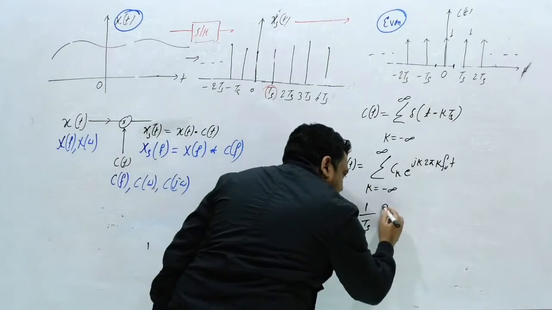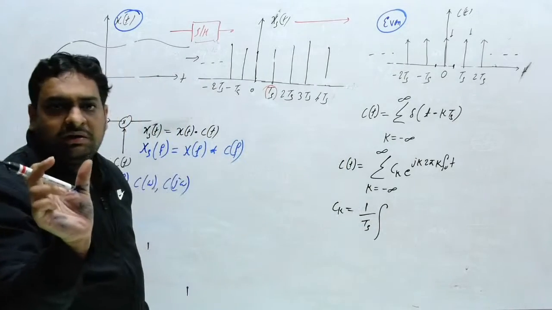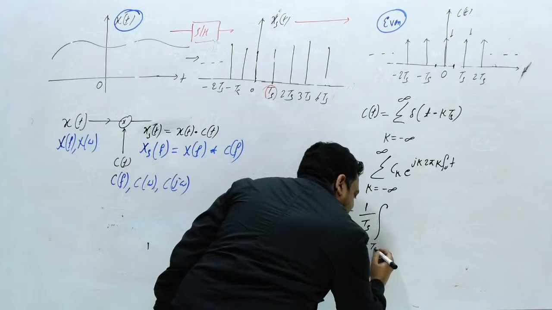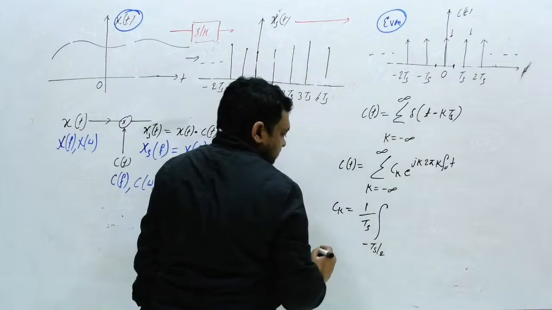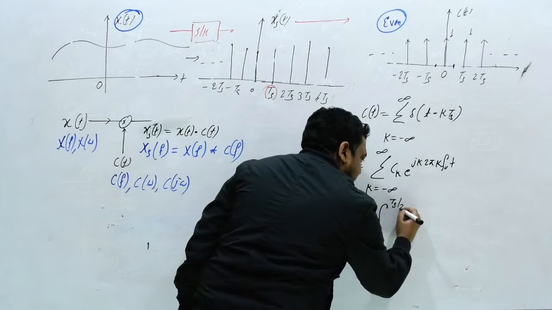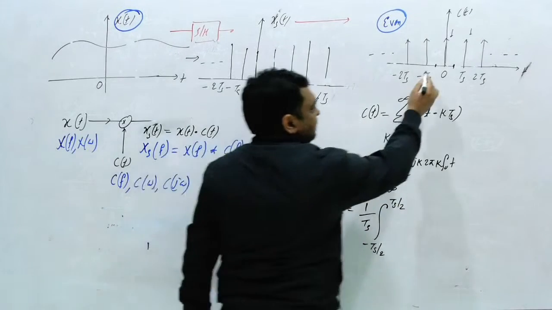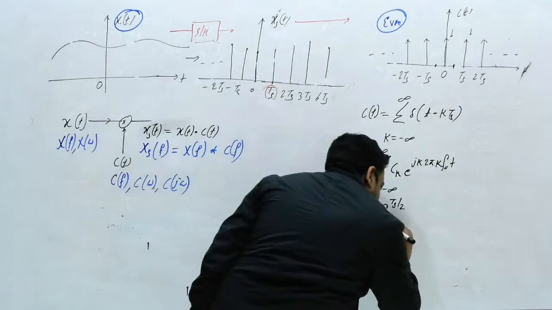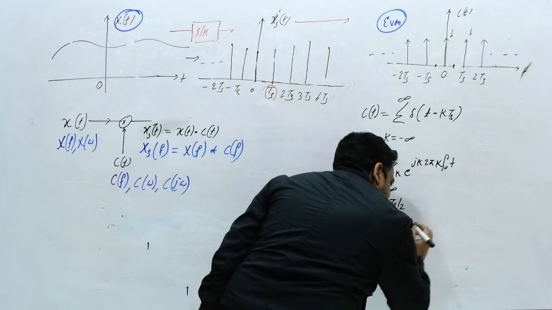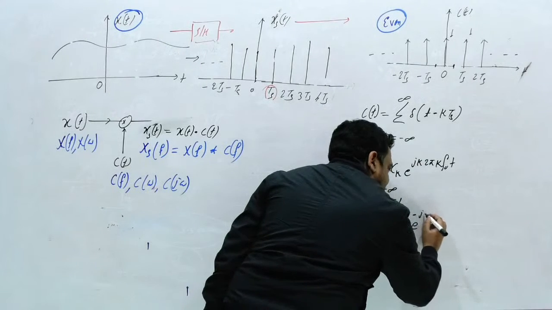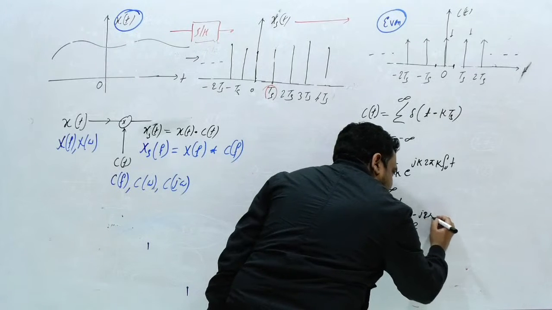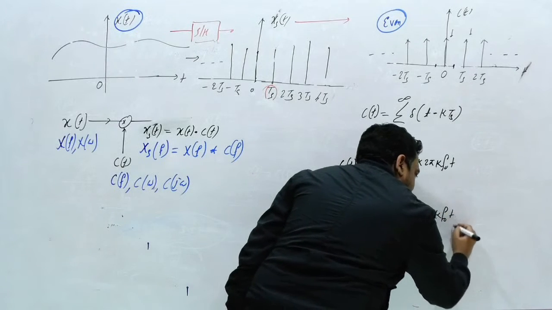So what is the duration of one period? That is Ts, from minus Ts by 2 to Ts by 2. What is the signal here? This signal you can write as 1 into delta(t). So you can write this is delta(t) into e raised to the power minus j 2 pi k f naught t dt.